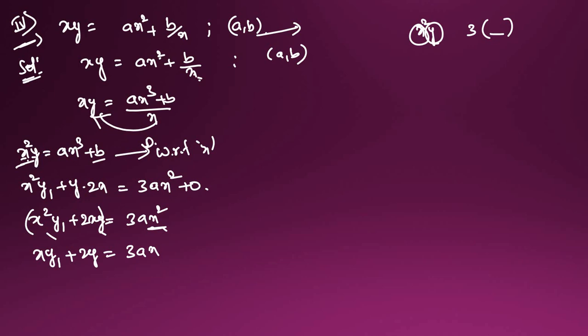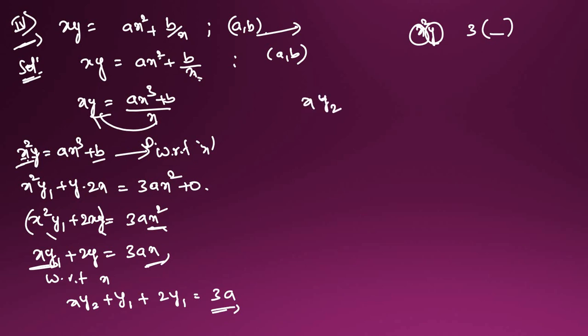Again, if necessary, we take the derivative with respect to x. This is uv again, so for uv dash, u is equal to x, u dash is equal to y2, plus y1 into x derivative 1 only, plus 2y1 is equal to 3a, derivative of 3ax is 3a. So x y2 plus y1 plus 2y1 is equal to 3a.